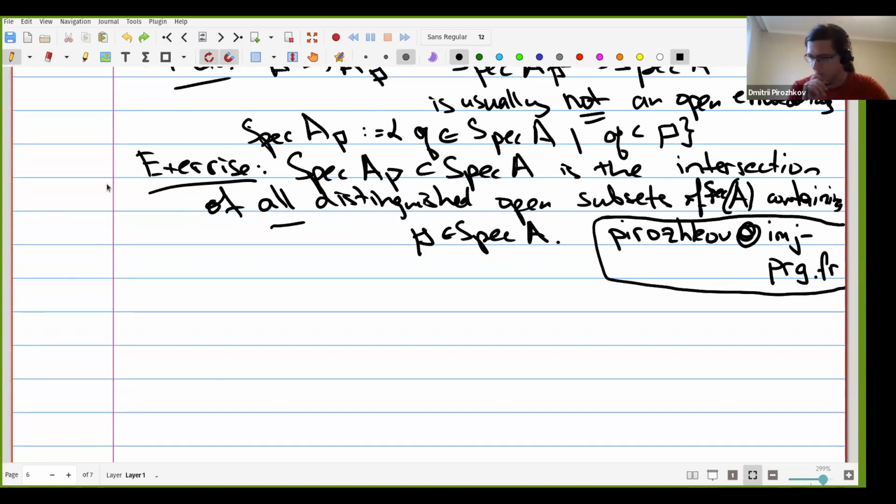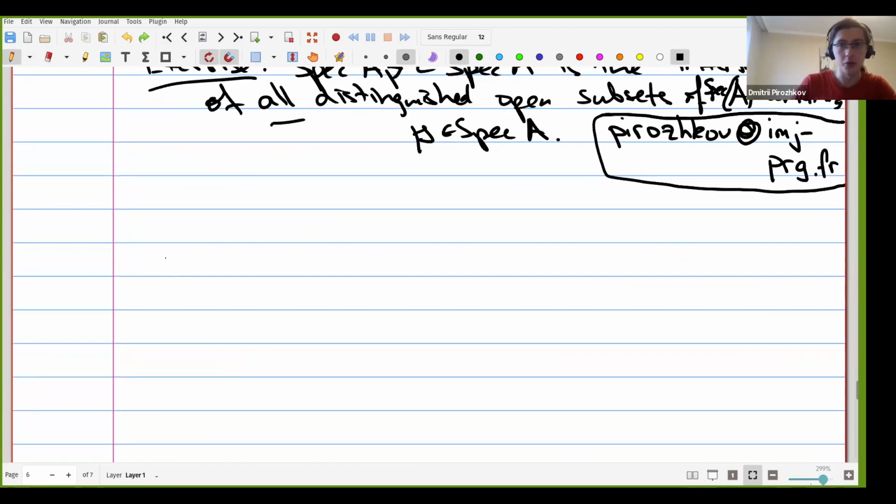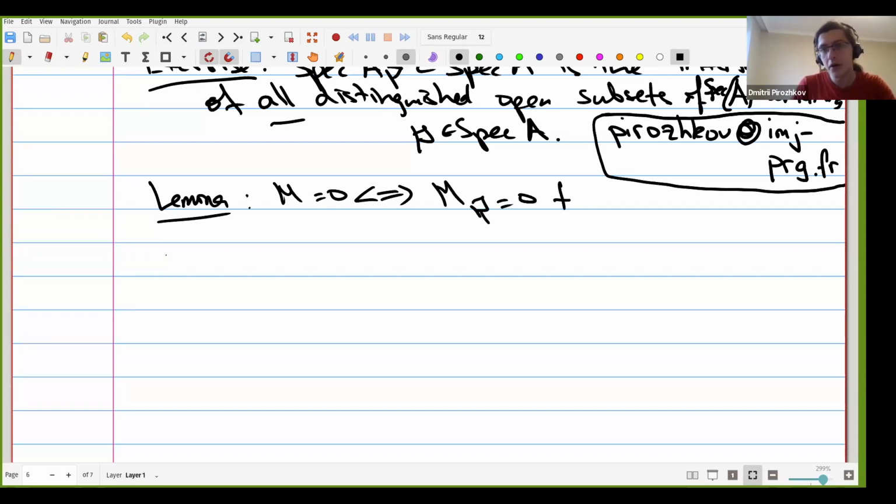And also an addendum to the lemma about the module M. The vanishing of the module M is also equivalent to the fact that its localization at all prime ideals is 0, for all points of the spectrum.